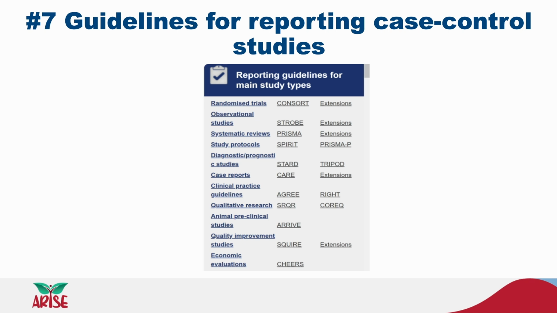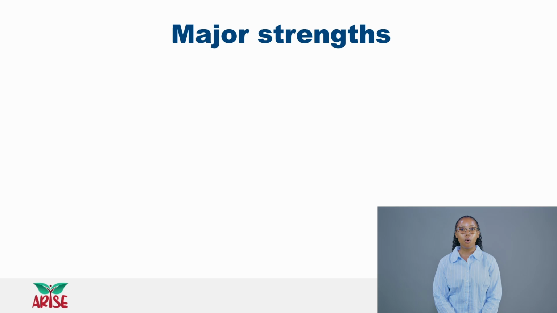The most commonly used guideline for cross-sectional and other epi-observational studies is STROBE, strengthening the reporting of observational studies in epidemiology. If you look for the study design specific STROBE guidelines, you'll be able to see a checklist for case control studies specifically.